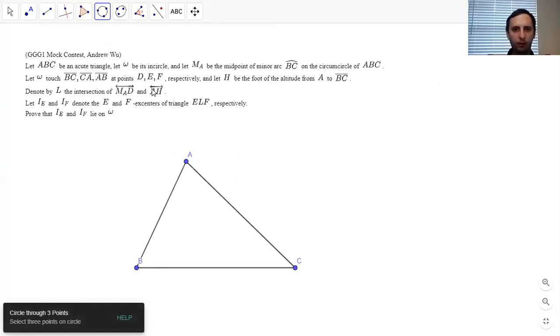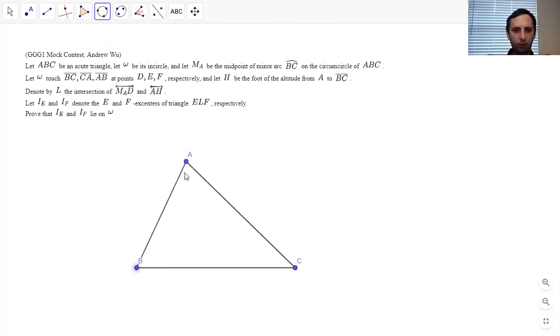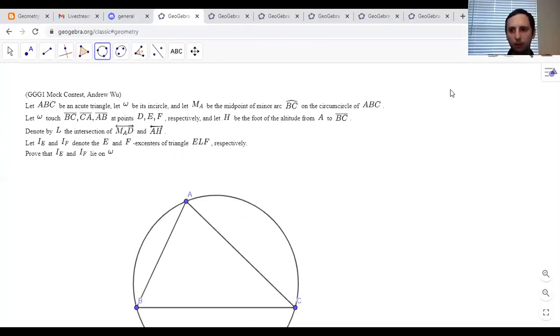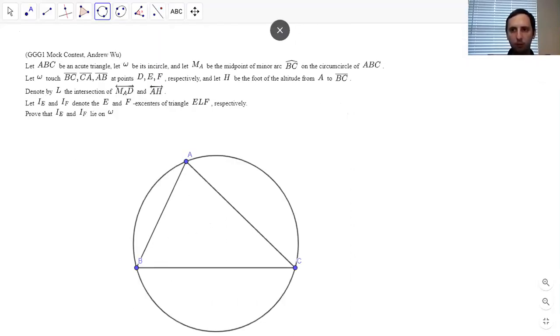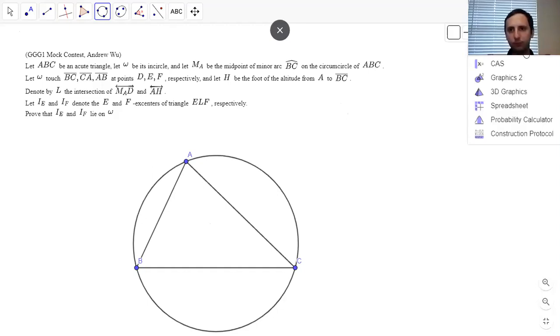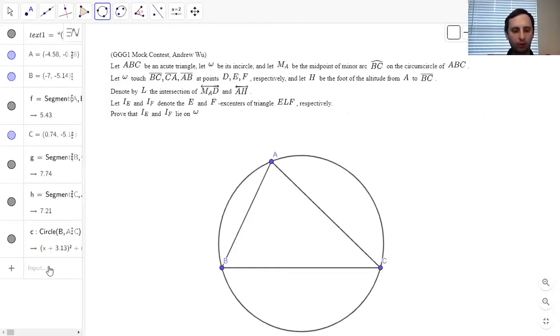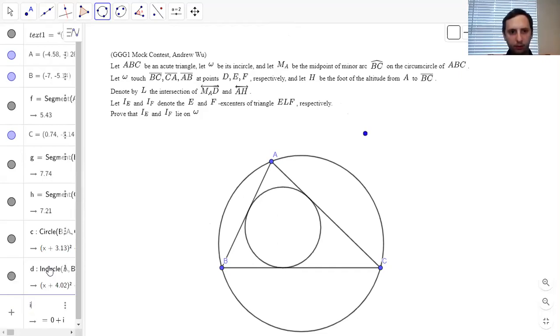So we want to draw the incircle and the circumcircle. Whoops, I don't need to do that, but let's draw the incircle. And why not also the incenter?